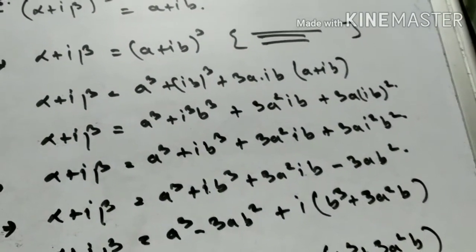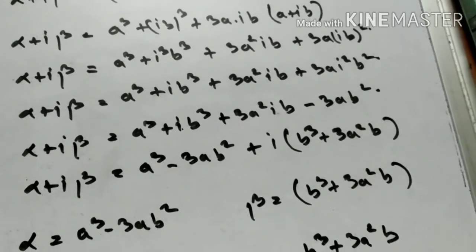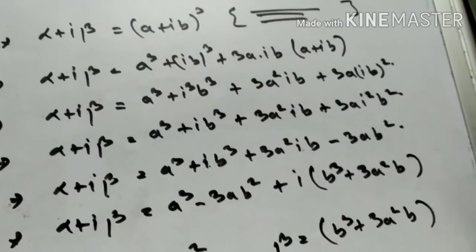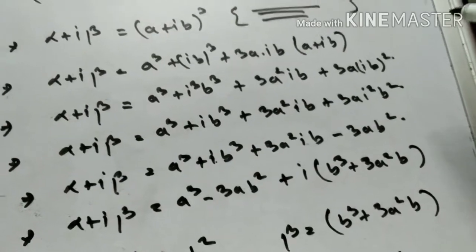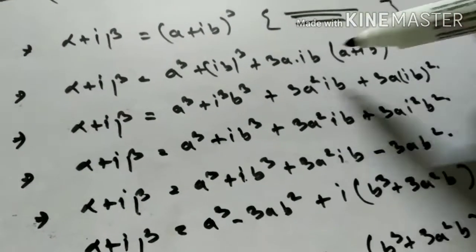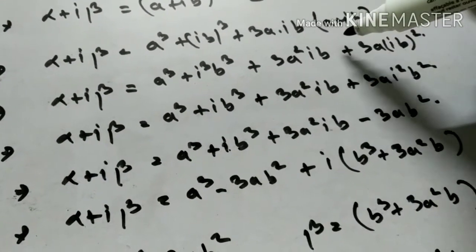So this was (a plus ib) whole square, a whole cube. Let me see the i cube value. I think I made a mistake here.